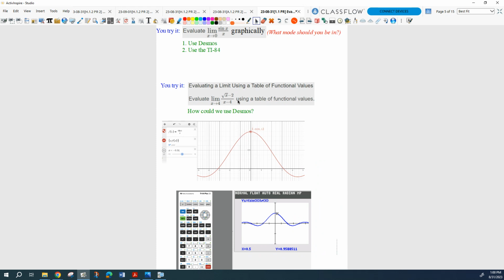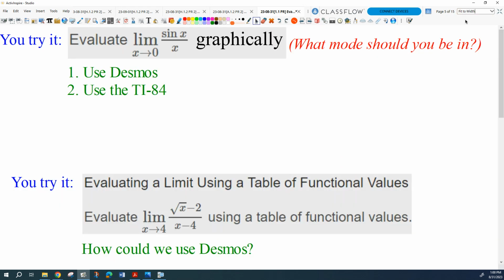Okay, how about using a table? So how could we use a table to find the value of a limit? You can actually do this on both again. Tell you what, let's just use the same stuff we had before too. I want to speed this up a little bit.